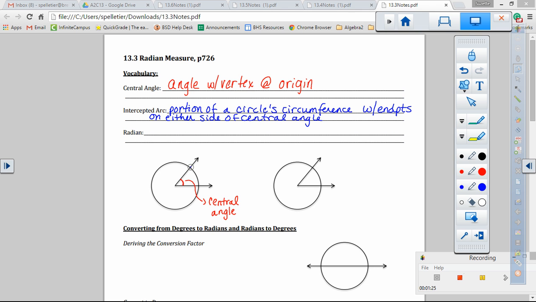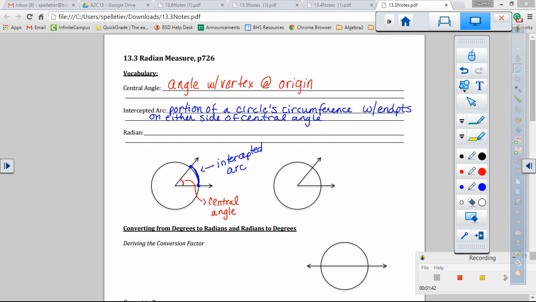So points on either side of the central angle, and it's a portion of the circumference. That is the intercepted arc.